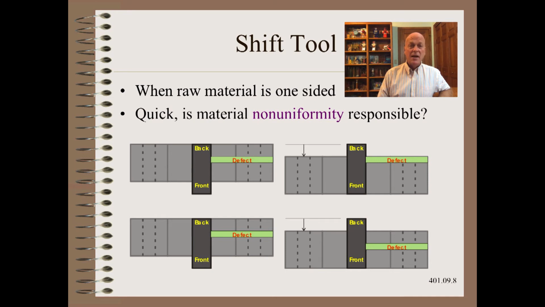Sometimes it is just not physically possible to flip the web, perhaps because it is very one-sided. Here, I don't mean that it might not meet spec. That is of little concern to the troubleshooter. What I mean is the process does not function at all on the other side. Then what?